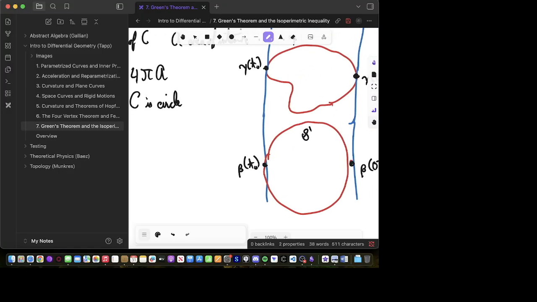So with that in mind, if we suppose we have gamma of t equals x of t, y of t, we want these two parametrizations of the curve and the circle to sort of line up with each other, if that makes sense.